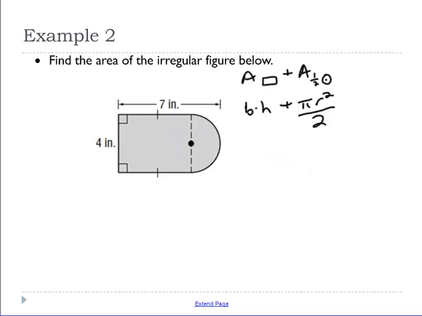So I need to find a couple things. I need to find this base, and I need to find r. Well, r can be drawn right there, but it could also be drawn along these dotted lines. So if this is 4 over here, the diameter of this half circle is 4, making the radius 2.